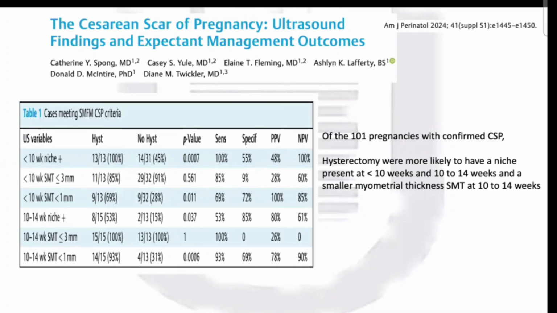And especially for hysterectomy, they show that the higher risk is when we have an infiltration of the niche at lower than 10 weeks, and also if we have a thickening of the myometrium less than 3 millimeters after 10 weeks.